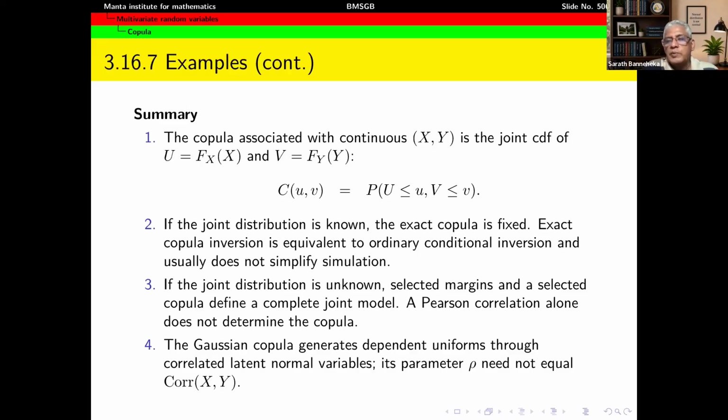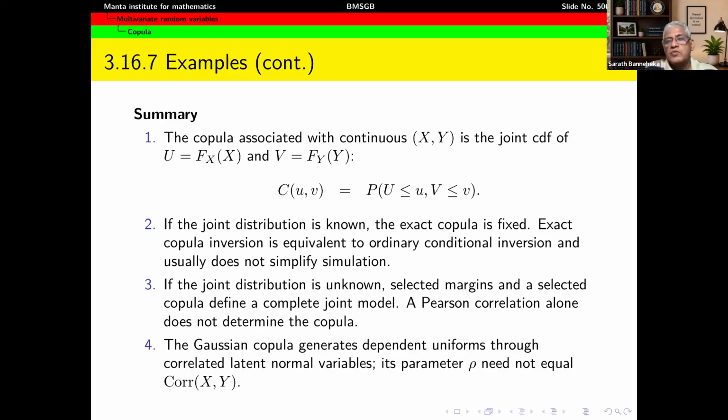Where we need the copula method is when we want to generate data so that the marginals will be the given marginals, and the correlation or dependence structure will be the given structure, and the actual joint distribution, that means the cumulative or the density function, is unknown.